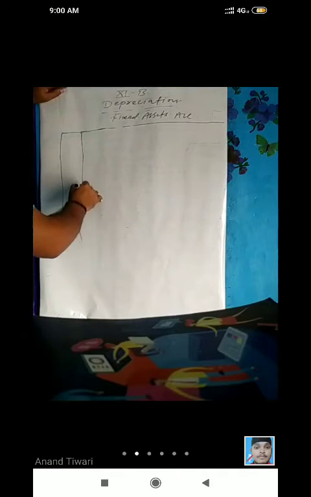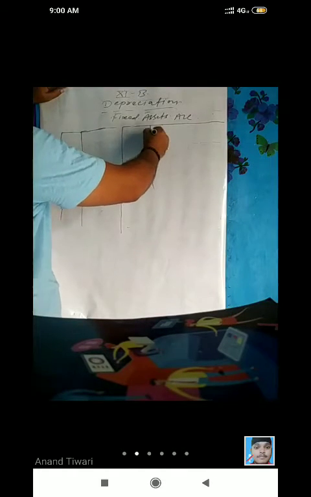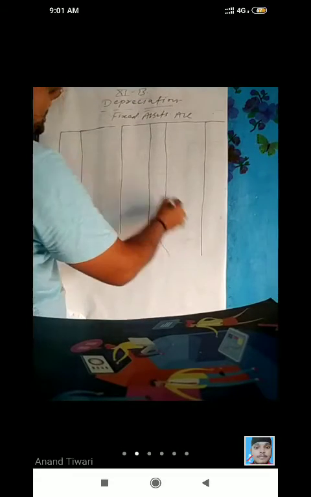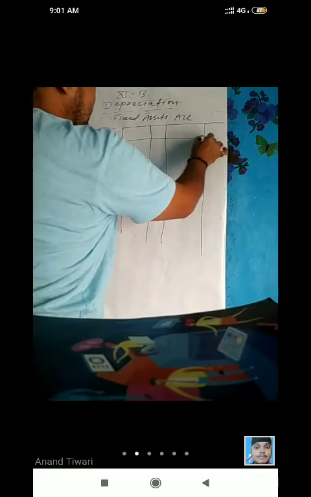Here is the date, particular, amount, again date, particular and amount. You have to follow this format, and this format will help you see how you have to show the depreciation account. Clear?